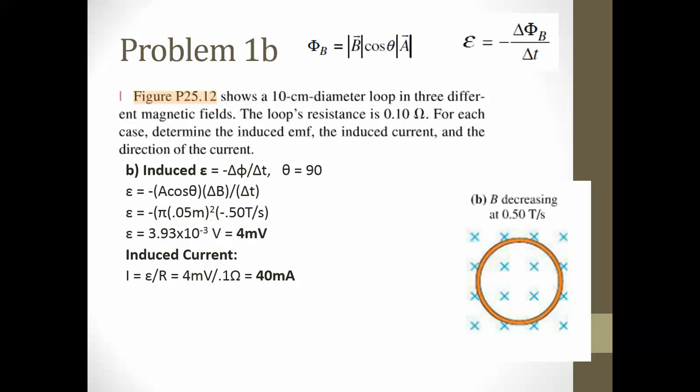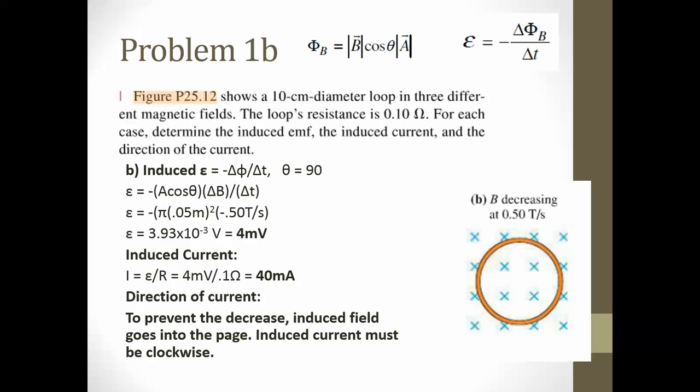To create a magnetic field going into the paper, our current is going to go clockwise, because if you put your thumb going clockwise, we have a magnetic field going into the paper that will oppose a decreasing magnetic field or magnetic flux.